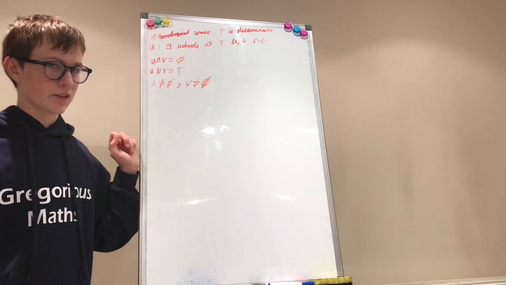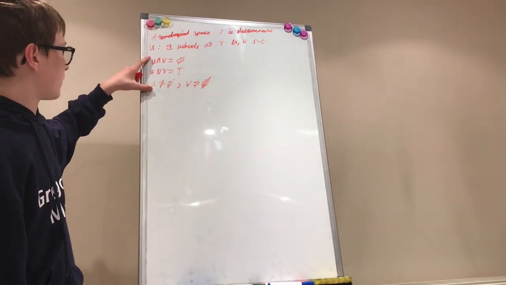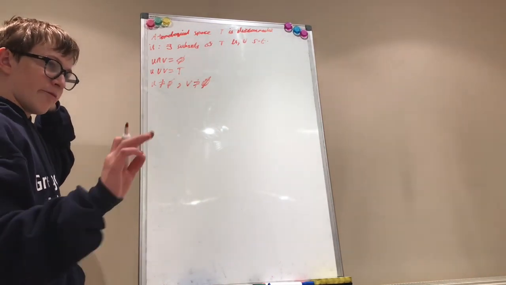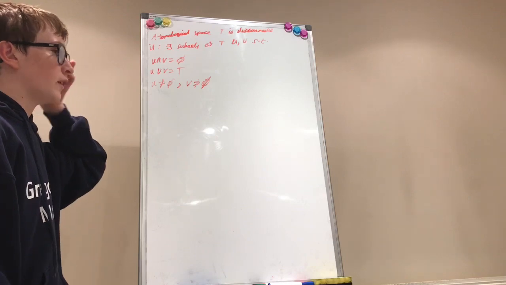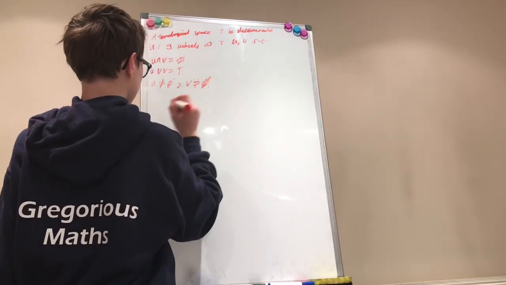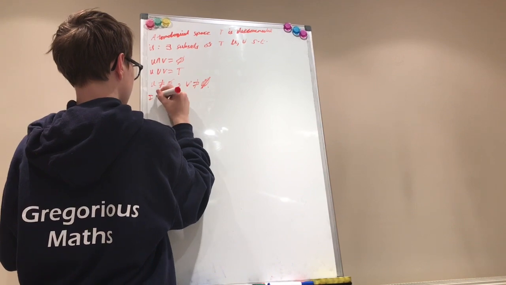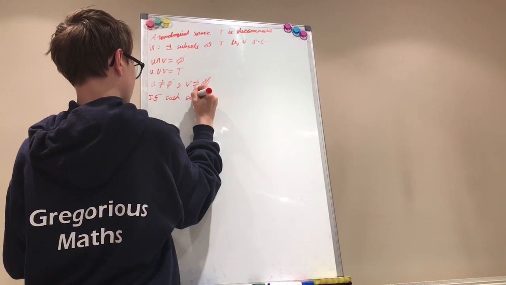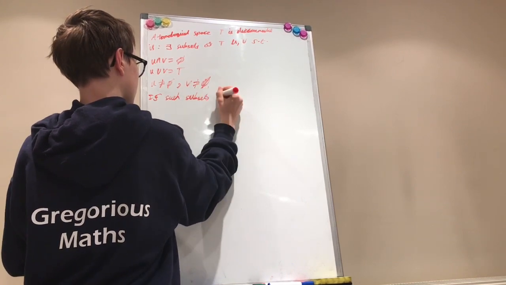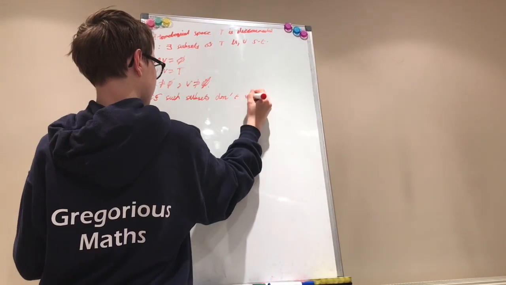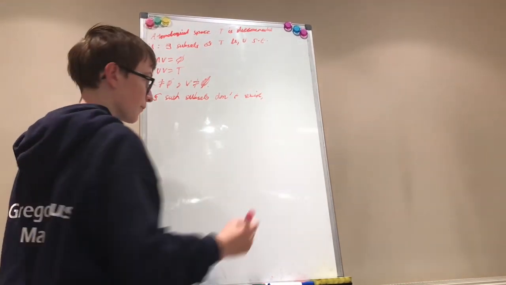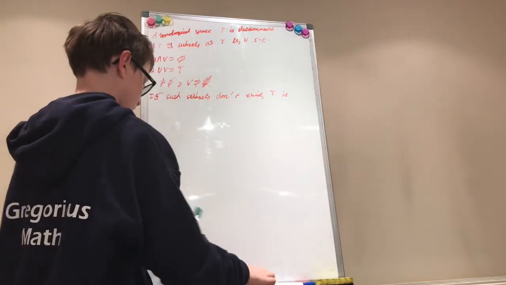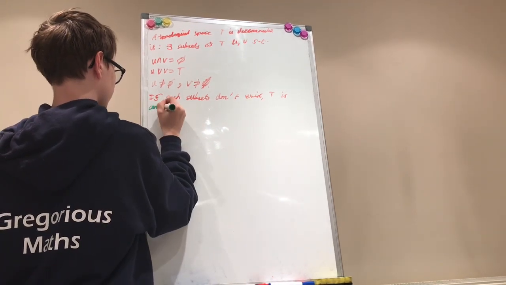Look at how familiar that is. Those are all the conditions that we had to satisfy: f being continuous and surjective. If such subsets don't exist, T is connected.